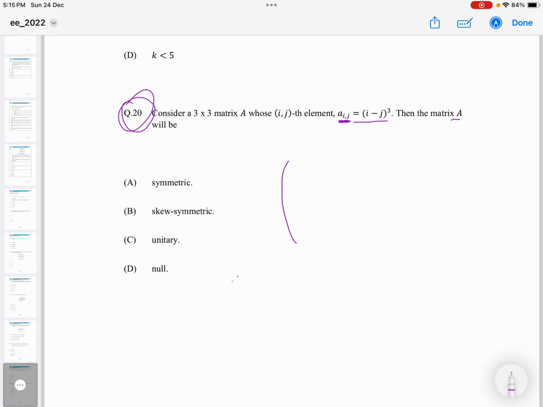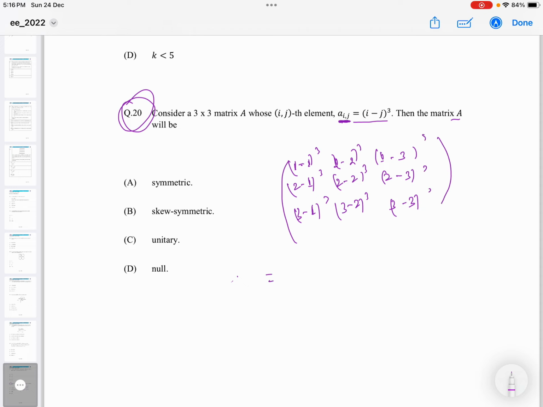So a11 means 1 minus 1, 1 minus 2, 1 minus 3, then 2 minus 1, 2 minus 2, 2 minus 3, and 3 minus 1, 3 minus 2, 3 minus 3, and everything is going to be whole cubed, right?